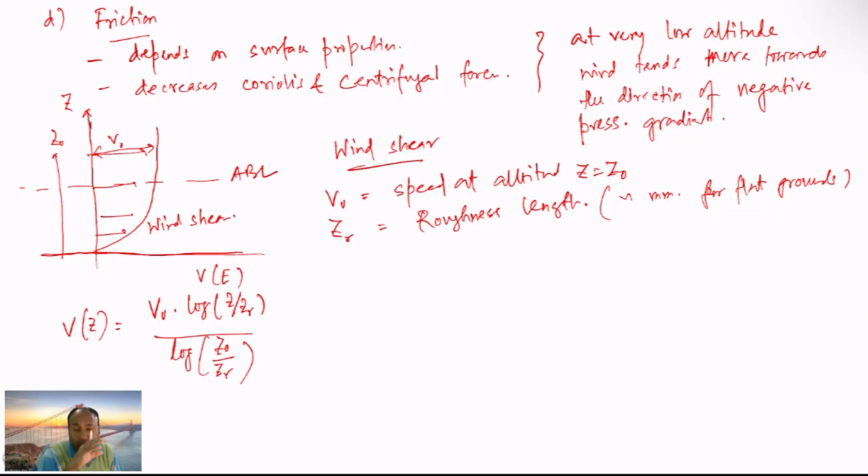So this is another parameter which is very important. We try to see how these weather maps actually show the low pressure and high pressure zones and how the wind actually forms. It's all because of the different altitudes and the rotation of the Earth.